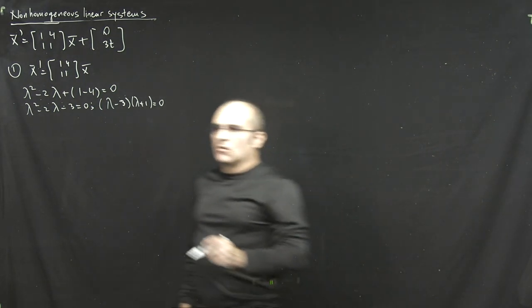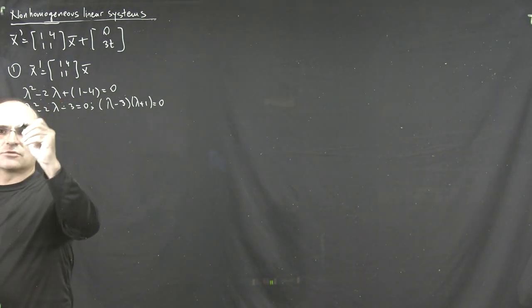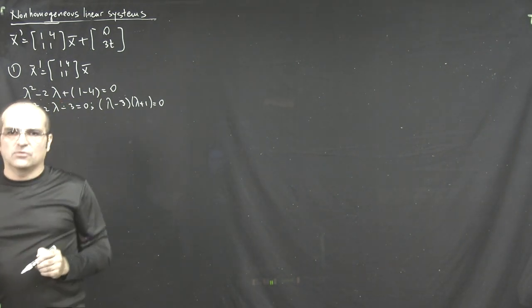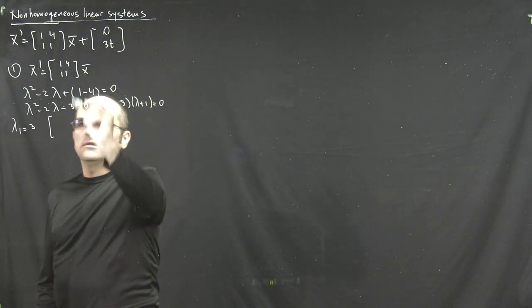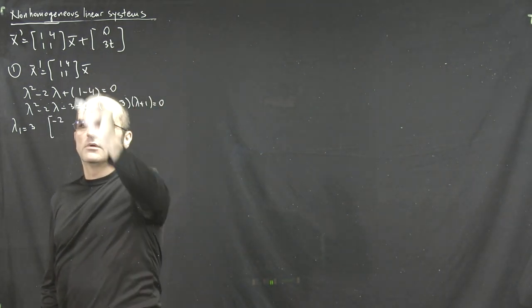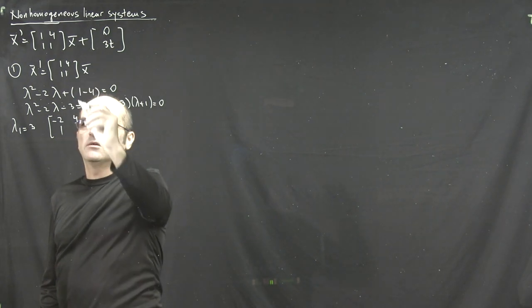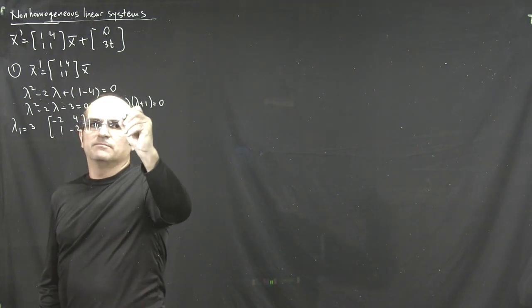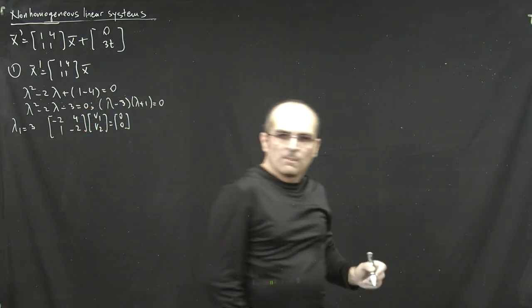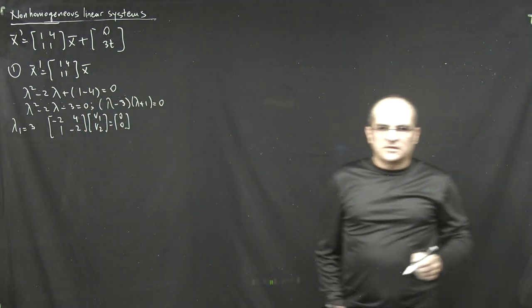Okay, so for the first eigenvalue, lambda 1 equals 3, we are in the first case, right? So distinct real eigenvalues. Subtract 3 from the main diagonal. 1 minus 3 is minus 2, 4, 1, 1 minus 3 is minus 2, and find the eigenvector. Look at the rows, they are dependent, that's reassuring.